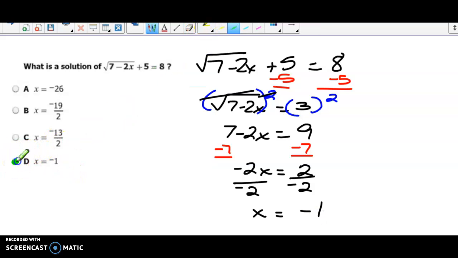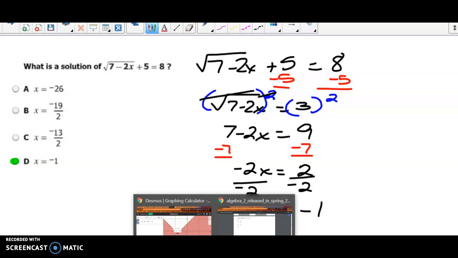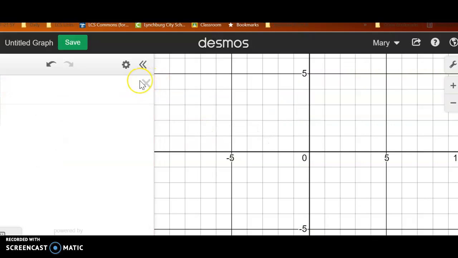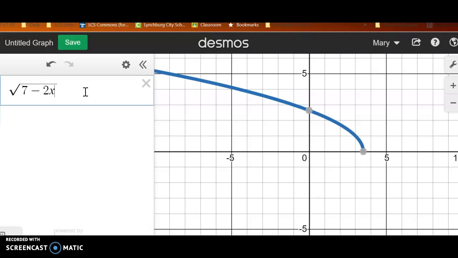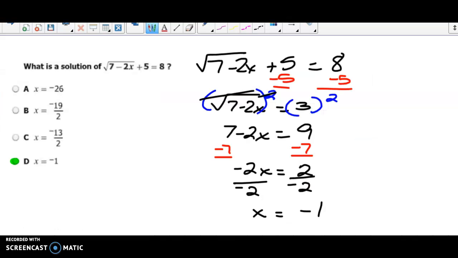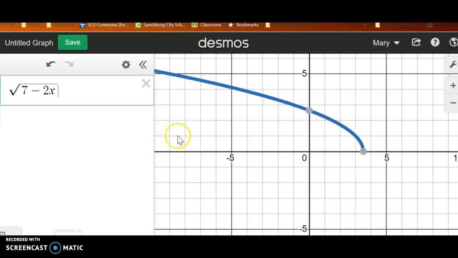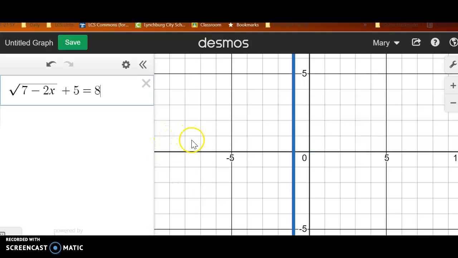So before we submit this, let's check this in Desmos. Let's go back and plug in this whole equation exactly as we have it written in Desmos. So we've got the square root of 7 minus 2x, sorry, I said it wrong, plus 5 is equal to 8.